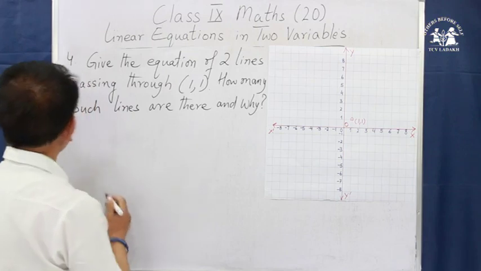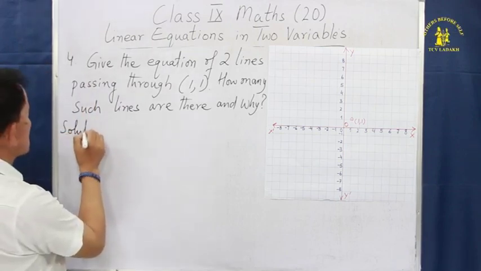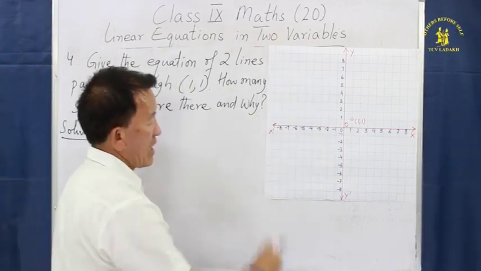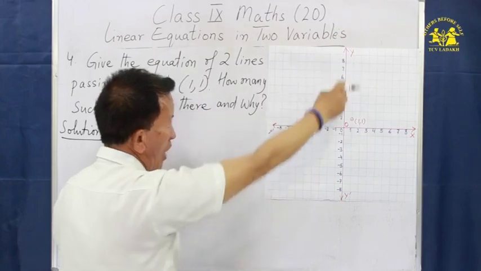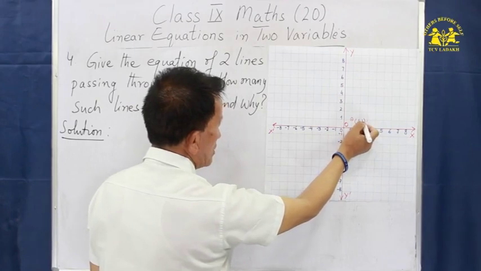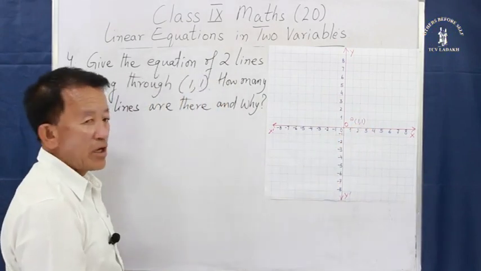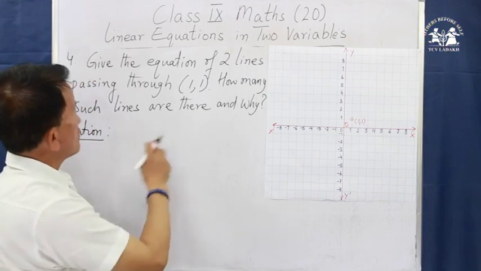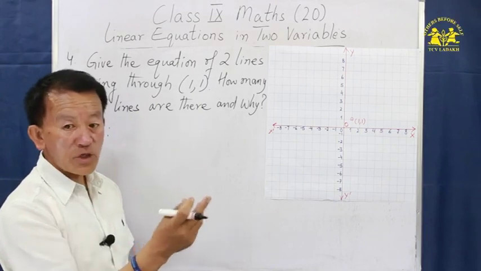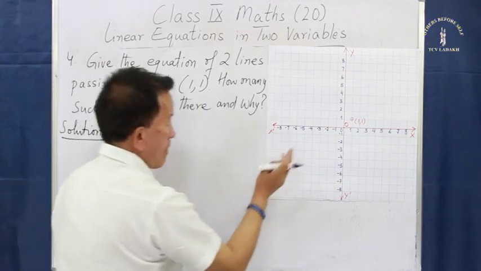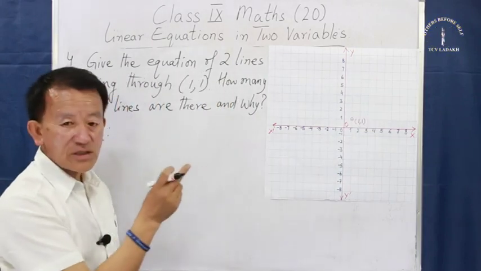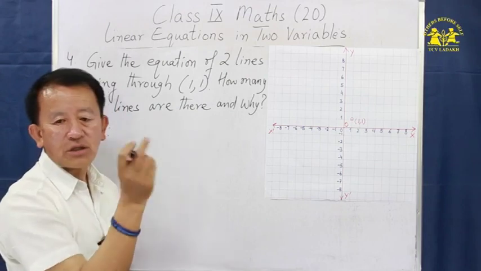So the first one, now I've given the x coordinate and y coordinate of the given point. X is equal to 1, y is equal to 1. Now through this, we have to provide two equations which represent lines that will pass through this point, or this point is the solution of both the equations.